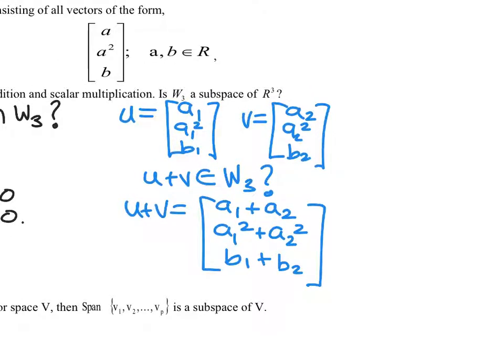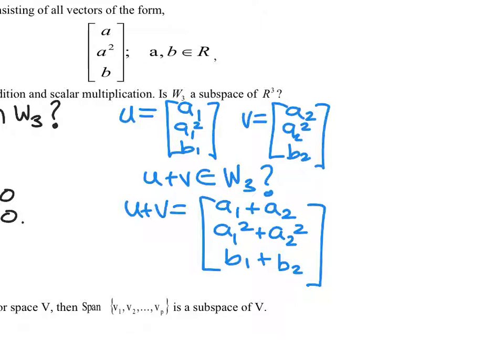The form of W3 is any vector that has the first entry squared giving the second entry. So the question is, is this in that form? Is that in the form of W3?